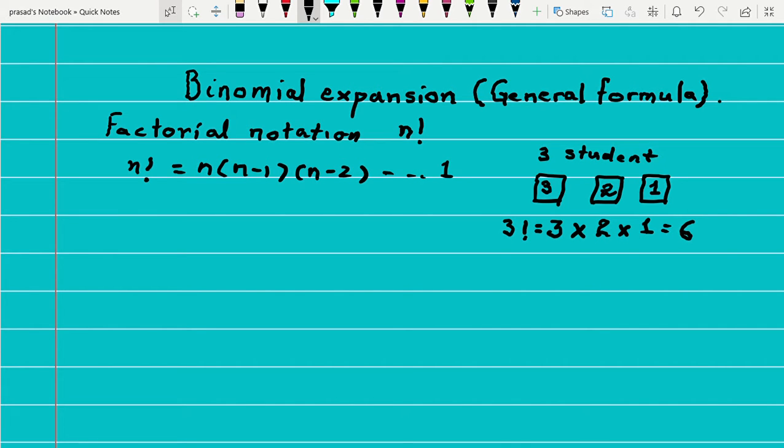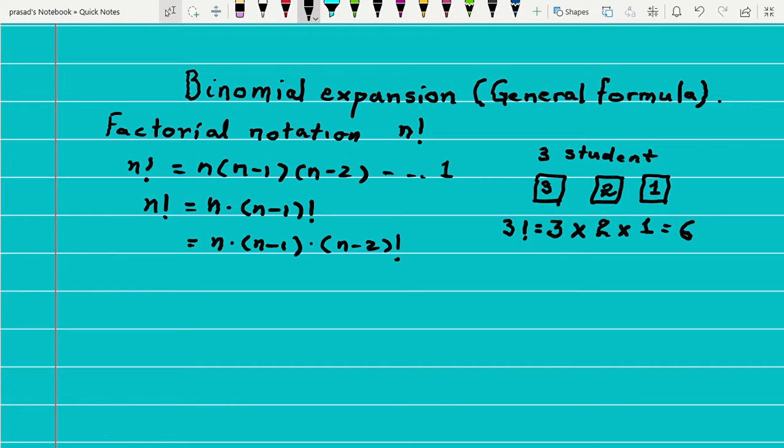Okay, now n factorial, I can write it as n into n minus 1 into n minus 2 up till 1, that will be n minus 1 factorial. And this I can repeatedly apply. So n into n minus 1 into n minus 2 factorial and so on.